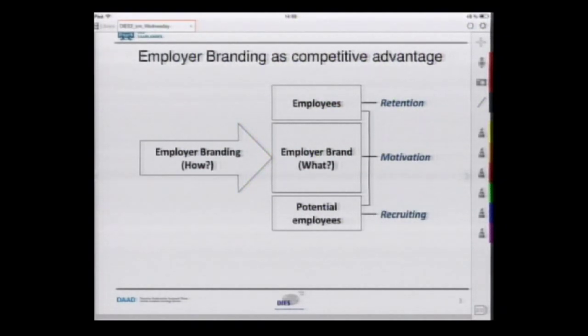So what's your competitive advantage? What's your employer brand? Do you have an idea about it in your faculty? For the personnel, we have a higher educational level. A high educational level of the professors?